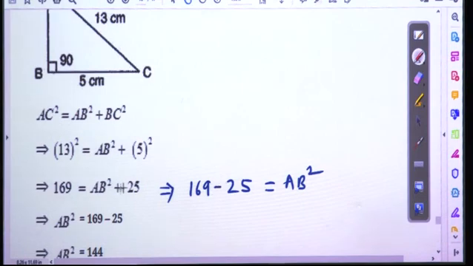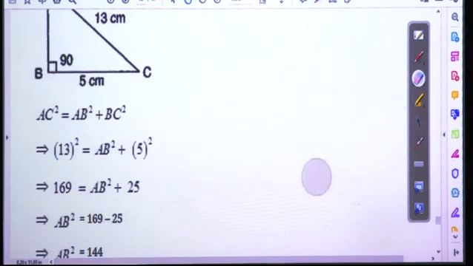When the side of a value is changed, its sign also gets changed. We know it very well. We have studied it in equations in one variable. So AB square is equal to 169 minus 25. No difference takes place, nothing goes wrong in this.